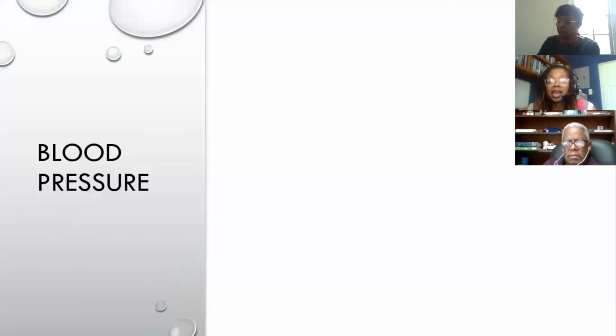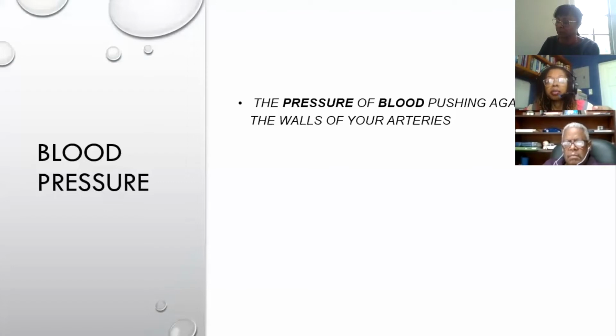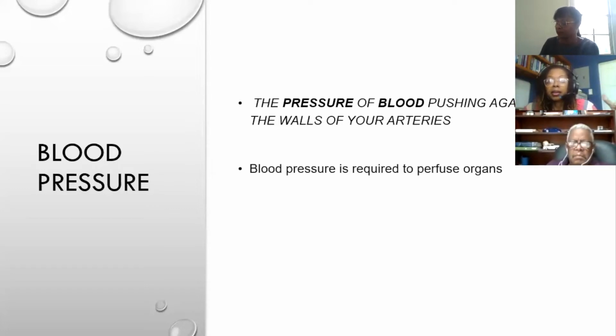Blood pressure is actually just the pressure of the blood pushing against the walls of your arteries. If you think of this like plumbing in a house, you need pressure to supply all your rooms. You need a certain amount of pressure in the body for the blood to perfuse all your organs. And that's why it's necessary to have a blood pressure.